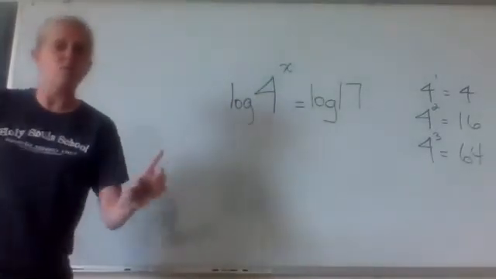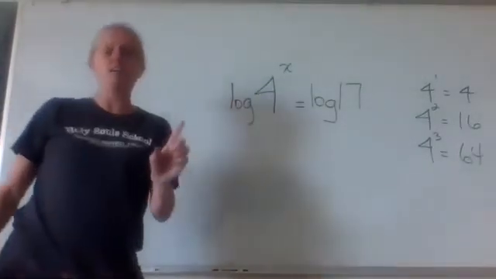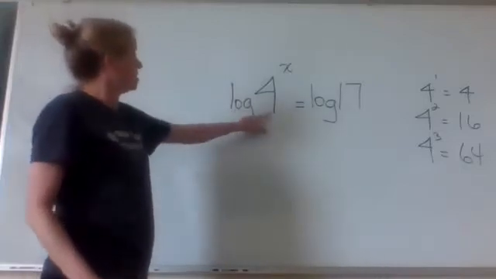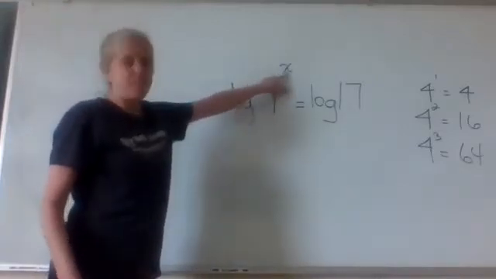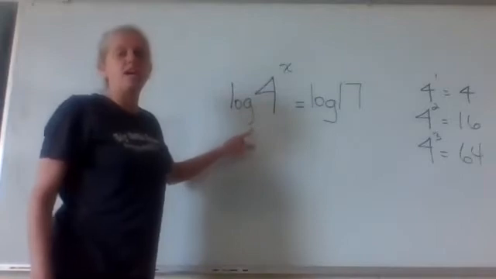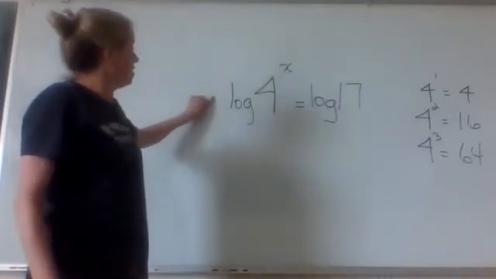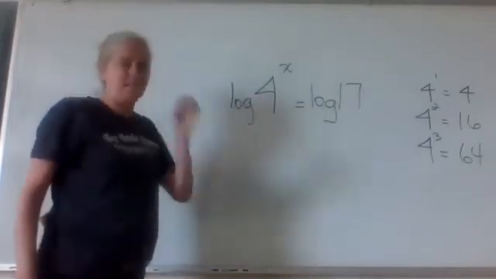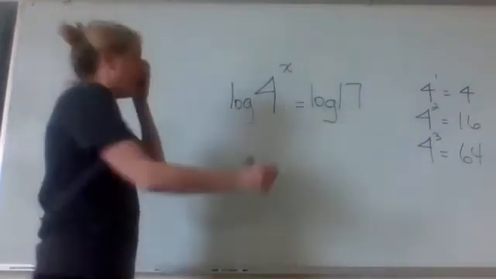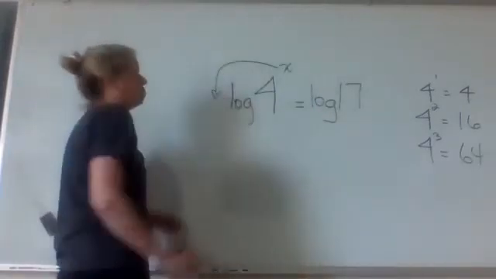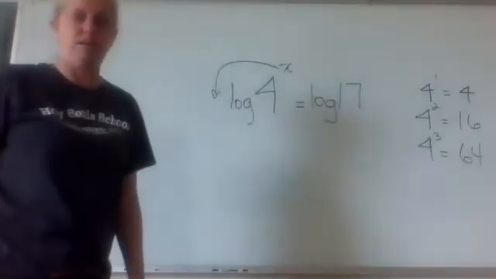And the reason I'm doing that is because of the log property that says if you have a log with an exponent, you can rewrite that, bringing the exponent down and multiplying it times that log. So in other words, now that's what's going to bring the x out of the exponent.